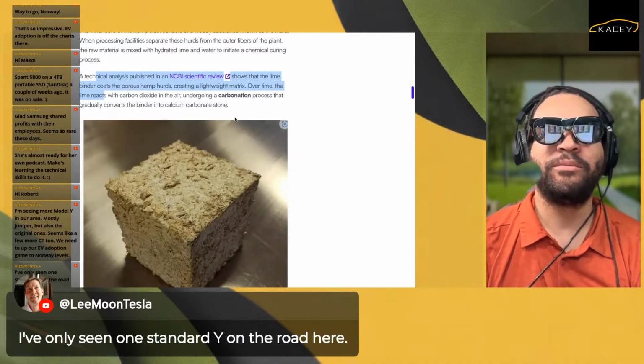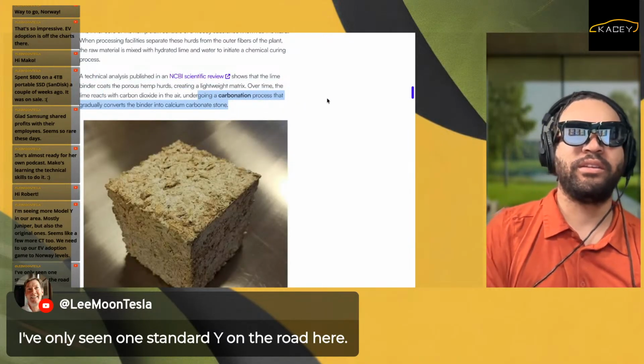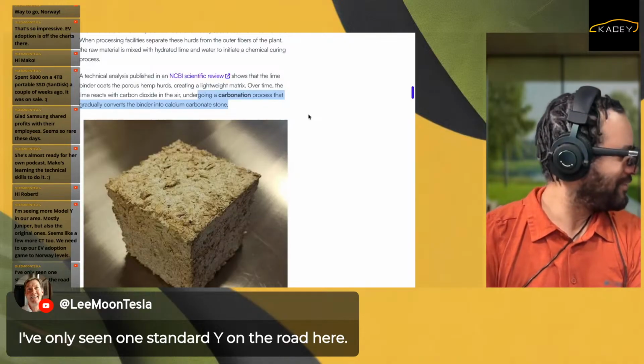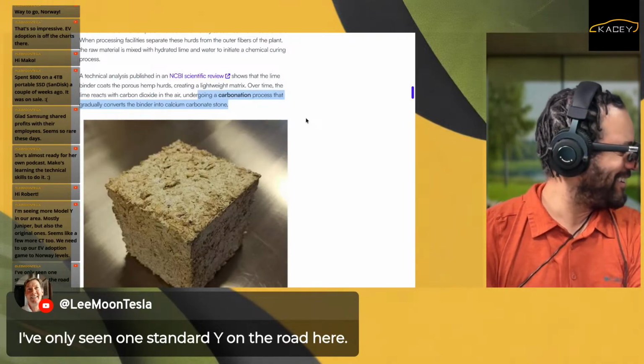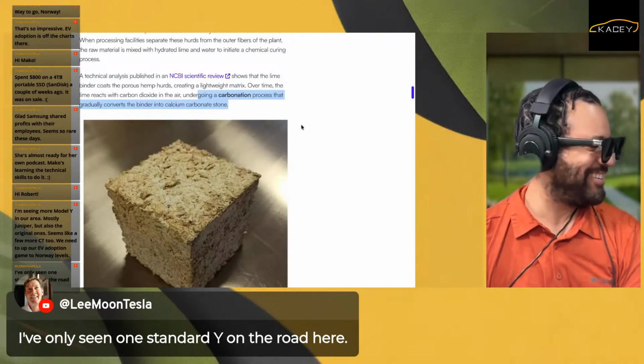Over time, the lime reacts with the carbon dioxide in the air, undergoing a carbonation process that gradually converts the binder to calcium carbonate stone. Yeah? All right. What you making?